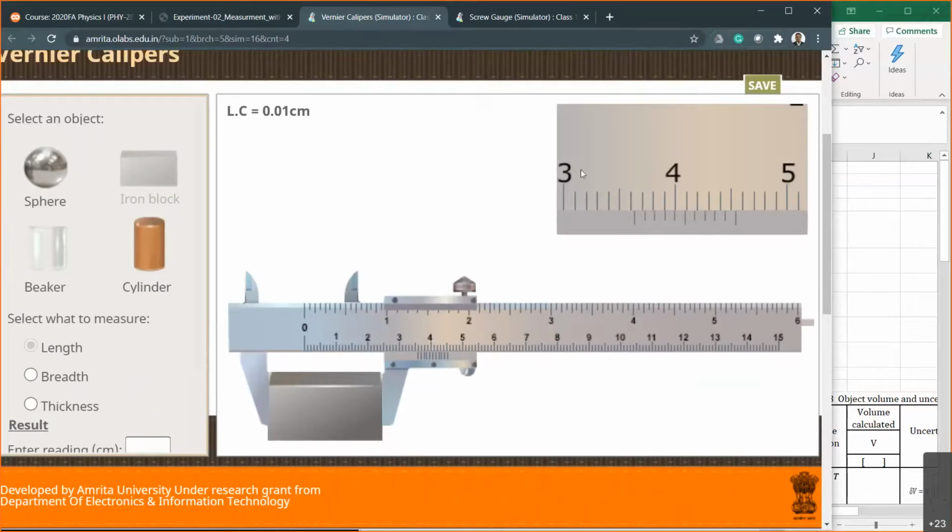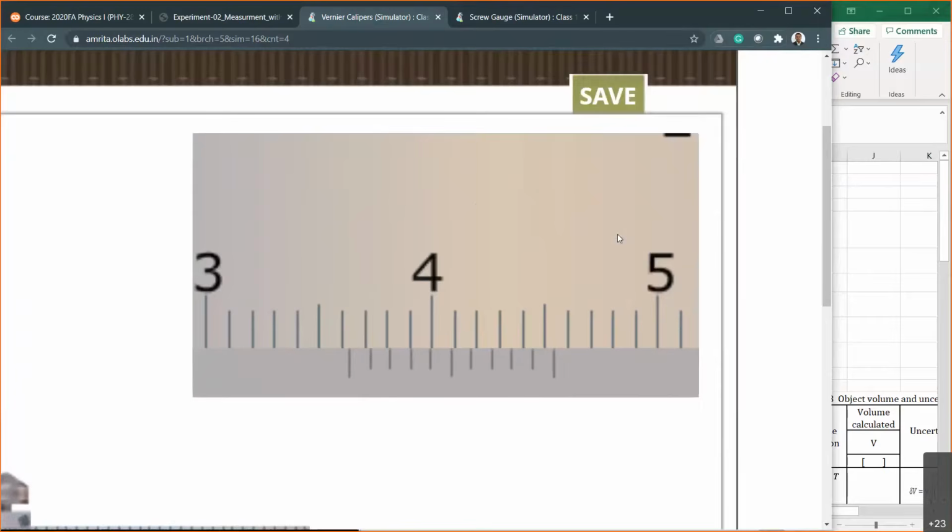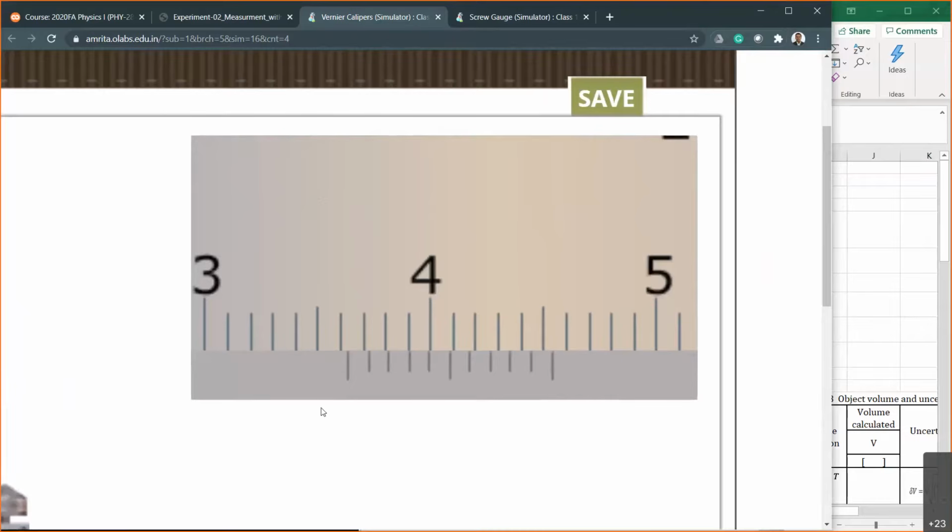First, we're going to read the main scale. To do that, you find where the Vernier scale starting point is. This is the Vernier scale starting point. Let me zoom in there. In the zoomed in area, this gray line right here is the Vernier scale 0 line. You first figure out where it is.